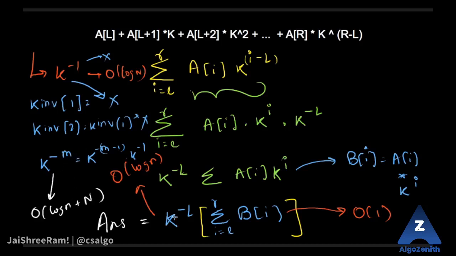But then every query will have k to the power minus L, and this L can only be in the range of 0 to n minus 1, right? The L has to be inside the array. So there are only n different values that you need to store. All of them are readily available in this array, so you can take this value in order 1 from the k inverse array that you created. So with this pre-computation as well, you can get the whole query part in order 1.